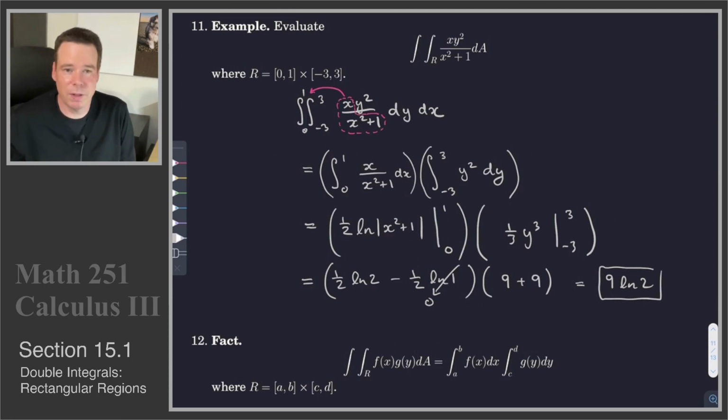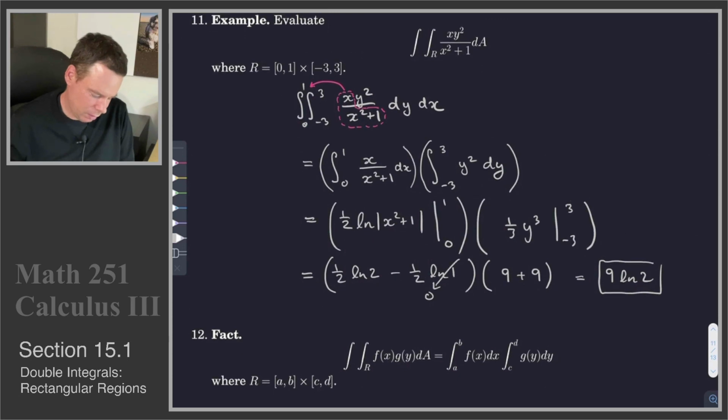It's not so much about the final answer in this case. What this example is really about is the fact that this integral split. Why did it split? Well, we're integrating over a rectangle, and our integrand splits. It is a function of x times a function of y.